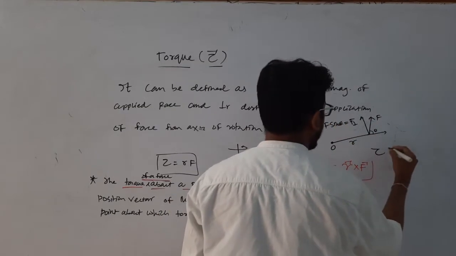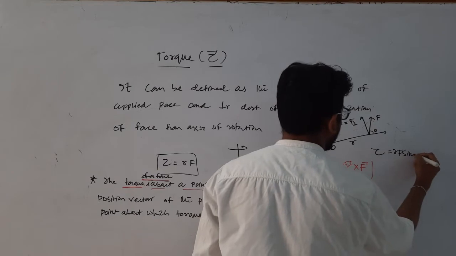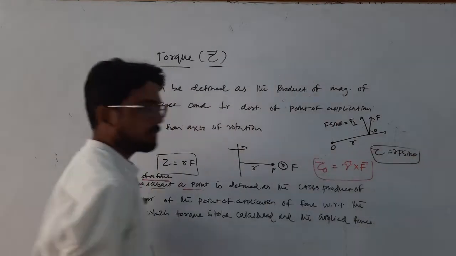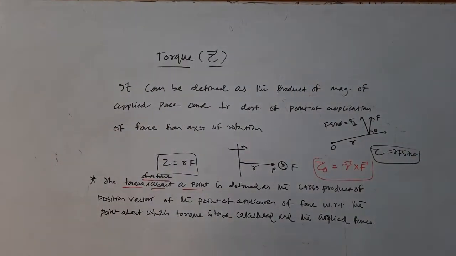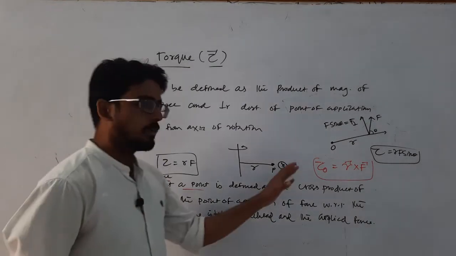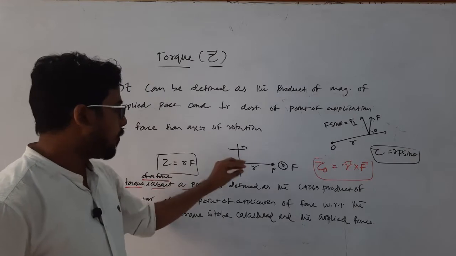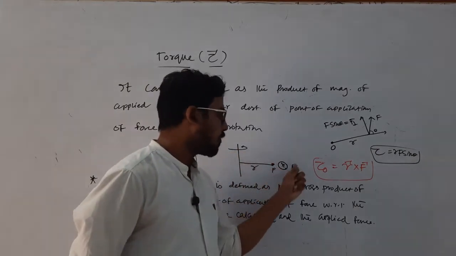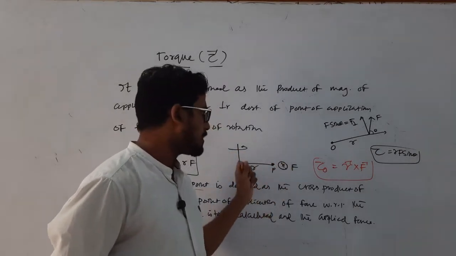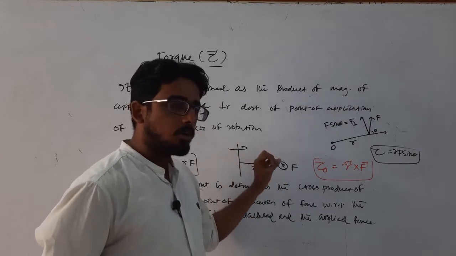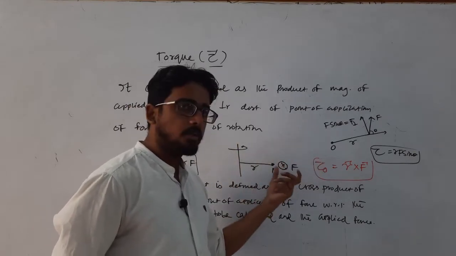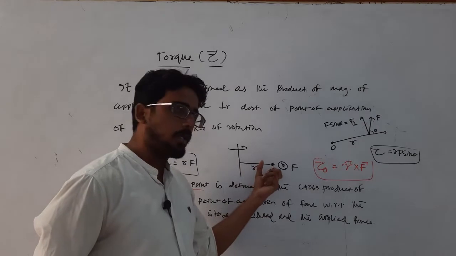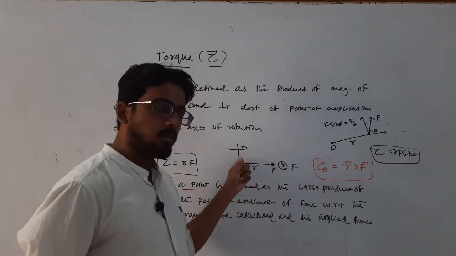So here also tau can be written as R F sin theta. Clear? So we can write torque is equal to R cross F or R F sin theta. Torque of a force about a point is defined as the product of the magnitude of applied force and the perpendicular distance of the point of application of force from the axis of rotation.